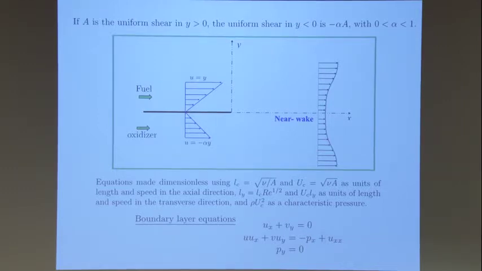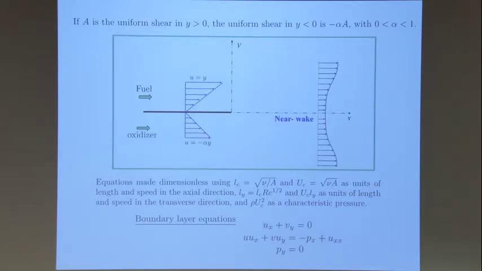So the slope is A, and we scale the problem with respect to A. The length scale is the kinematic viscosity nu divided by the square root of A. The velocity is related to this A. Those are the units. Anyway, I want to move a little fast to finish on time.